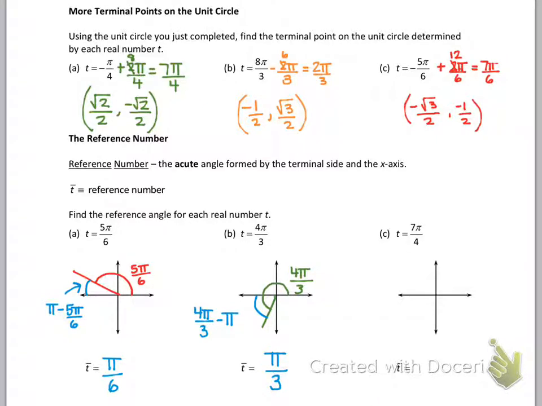And my last example on this page that you can see is 7 pi over 4, which is about right here. So almost all the way around is represented by 7 pi over 4. So my reference angle is right here. And to get that, I have to subtract it from 2 pi.